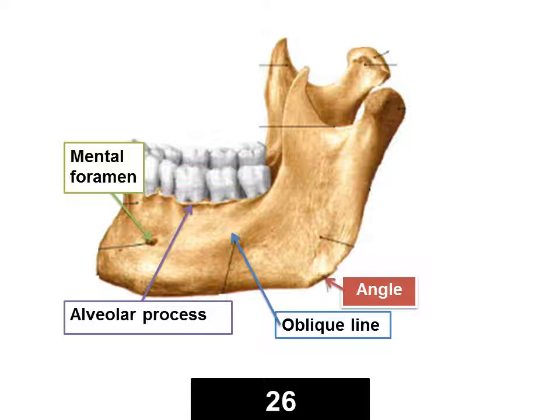The upper border of the mandible is called the alveolar process, like the maxilla, and it carries 16 sockets for the mandibular, or lower, teeth. The mental foramen, as you see in the diagram indicated by the blue color arrow, is the foramen through which pass the mental nerve and mental vessels.